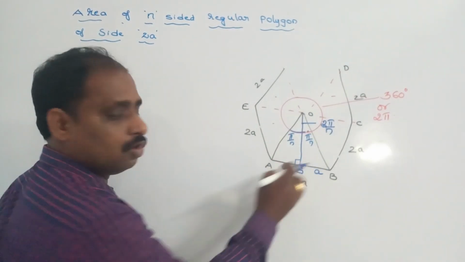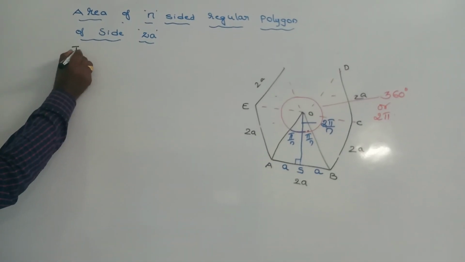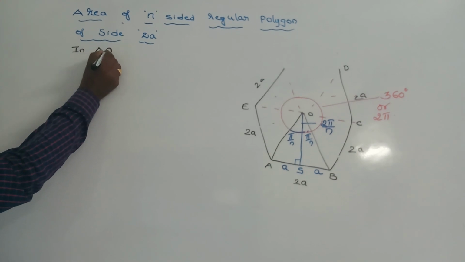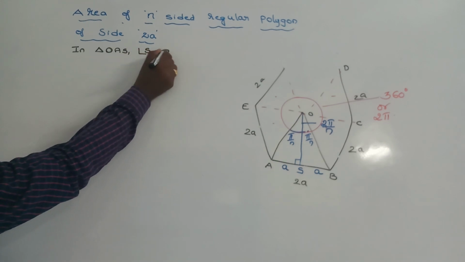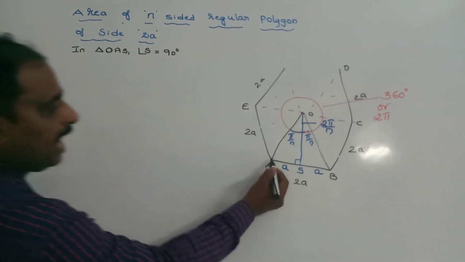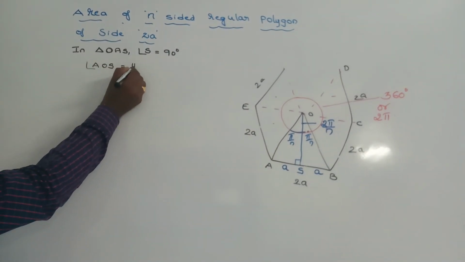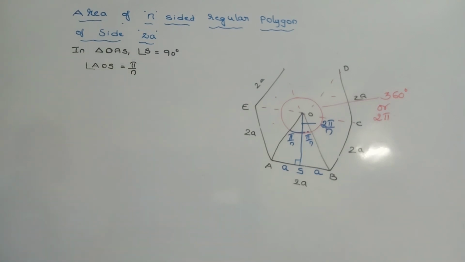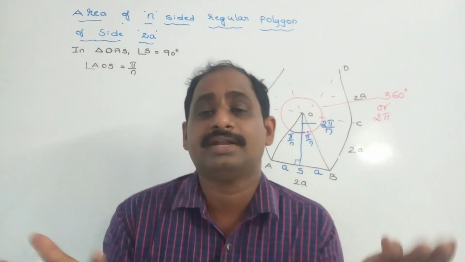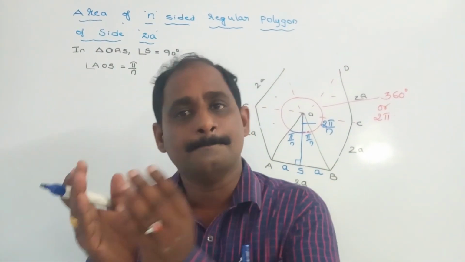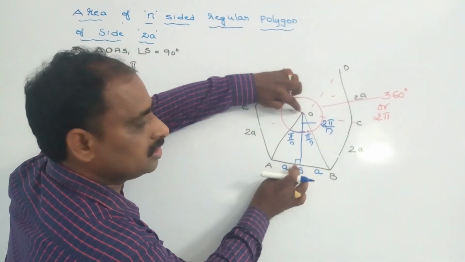Consider triangle OAS. Clearly in triangle OAS, angle S is equal to 90 degrees and angle AOS is equal to pi by n. Now the formula for the area of a triangle is half into base into height. Clearly we have the base and we need to find the height.